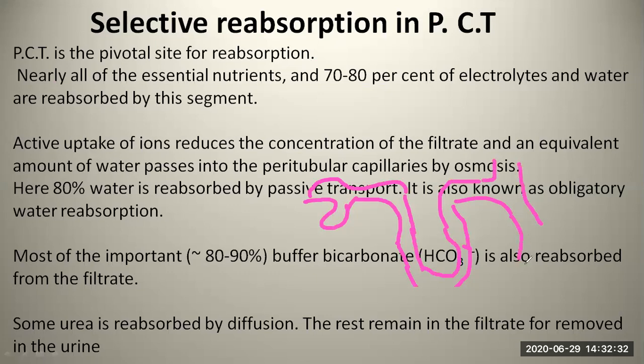So DCT and CT. Now in this figure, it says active uptake of ions reduces the concentration of the filtrate, because in this PCT region molecules are reabsorbed actively.